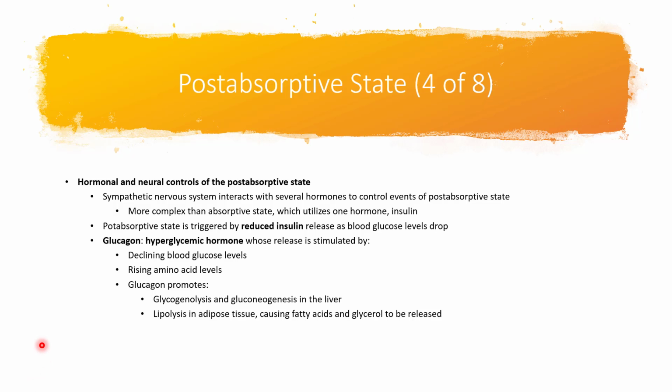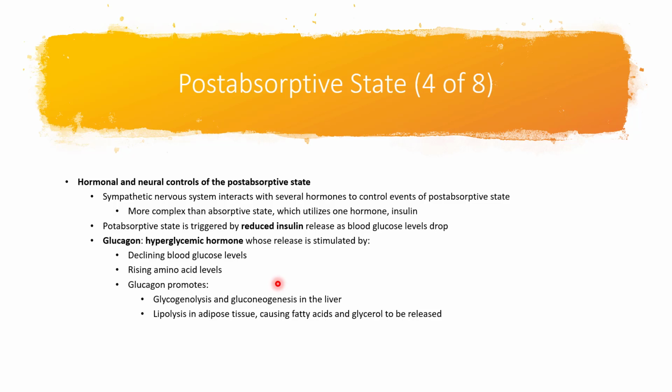So let's take a look at hormonal and neural control of the post-absorptive state. Usually the sympathetic nervous system is the one that is pushing to control the events in the post-absorptive state. They are really more complex than the absorptive state, which utilizes only one hormone, and that's insulin. Post-absorptive state is triggered by reduced insulin, so insulin release is reduced as the blood glucose level drops.